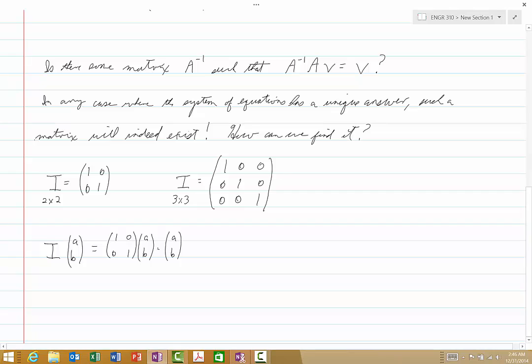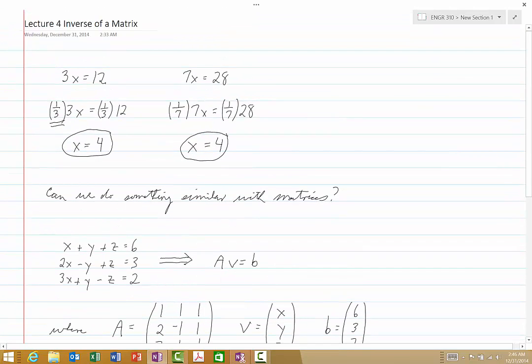And similarly, you could calculate that if you took the 3 by 3 identity matrix and multiplied it by (A, B, C), you would get (A, B, C). And so it's acting like the number 1 does. Up here we picked 1/3 because 1/3 times 3 will give us 1, and then 1 times x is x. We picked 1/7 here because 1/7 times 7 will give us 1, and 1 times x is x.